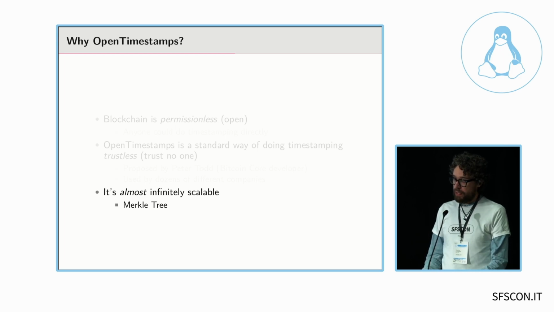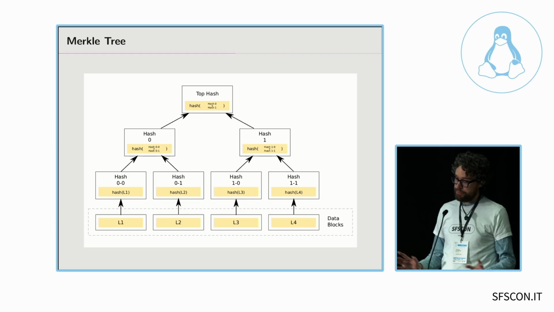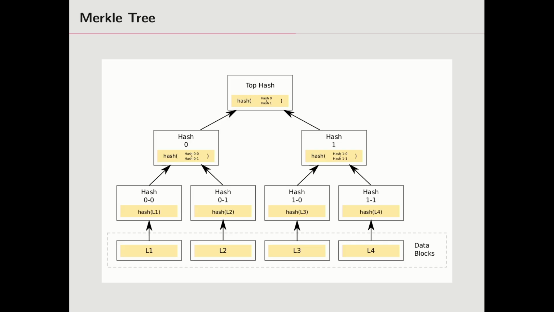A Merkle tree is a cryptographic hash structure that works as a binary tree, and you can put only the top hash inside the blockchain, and if you know how the tree is constructed, you can demonstrate that a hash was part of the Merkle tree without writing all the hashes to the blockchain, but only the top hash.